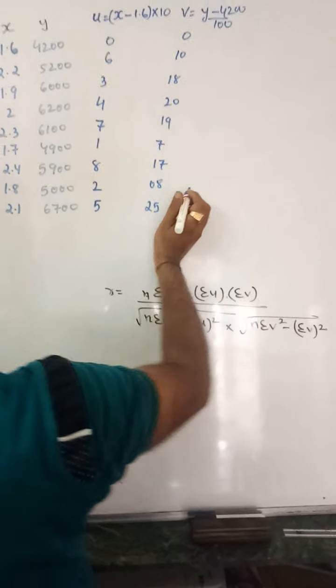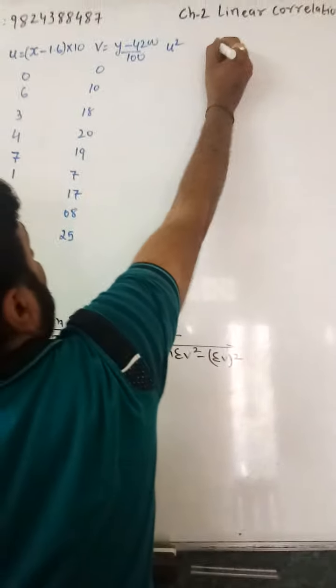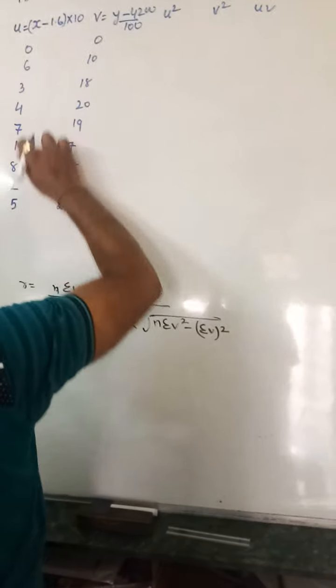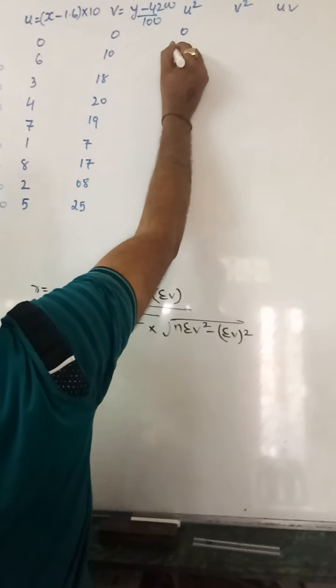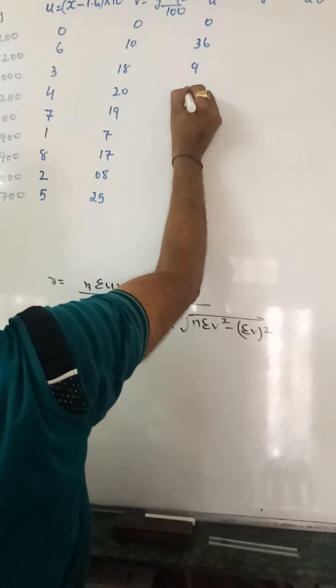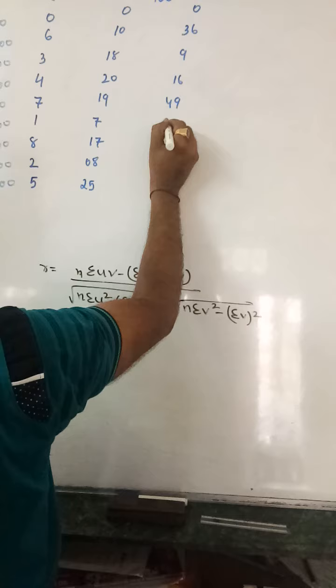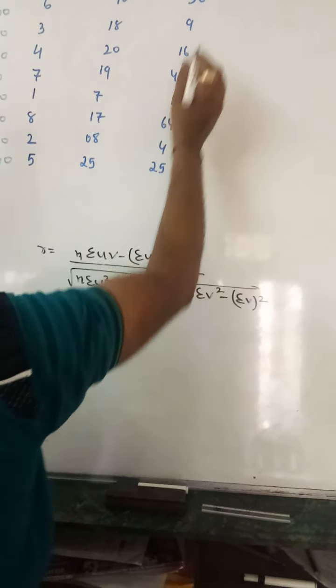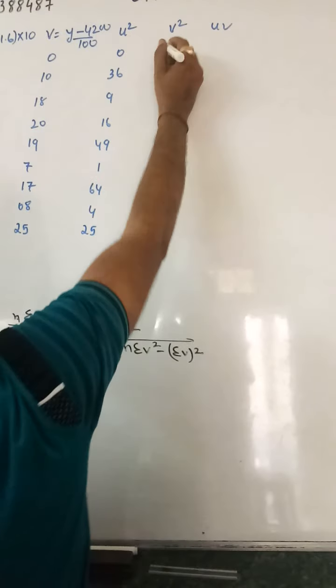Now u square, v square, uv. U square, square of all u. Then v square, square of all v.